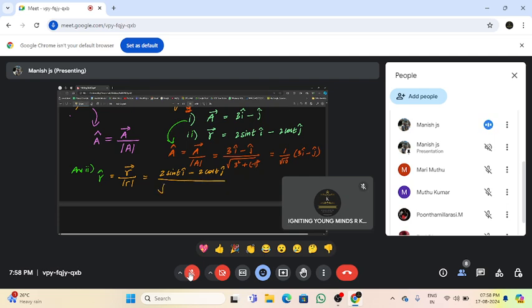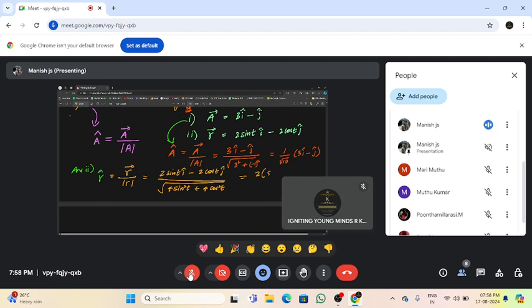Great. In the denominator you have 2 square sine square t. 2 square is 4, so I can write it as 4 sine square t. Here also you get plus 4 cos square t. Simplifying it, children, in the numerator you can take 2 common out, right?